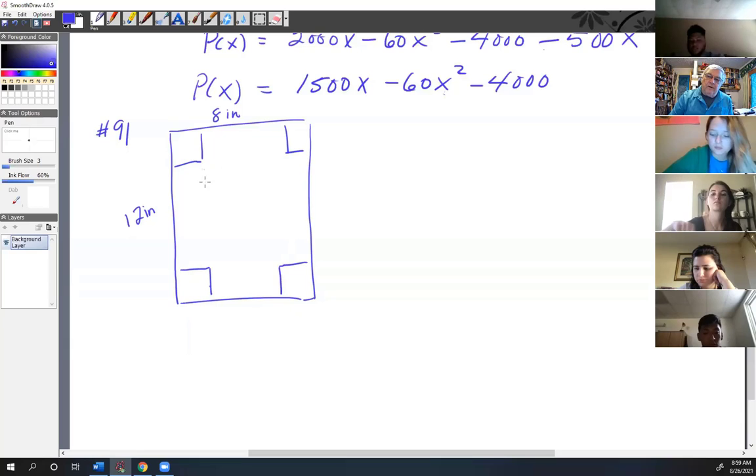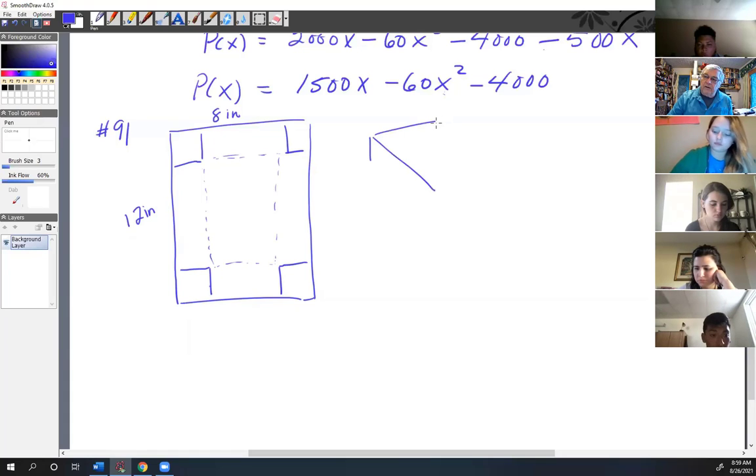And then if I would fold along the dotted lines, I would wind up with an open box, right? Can you see that?